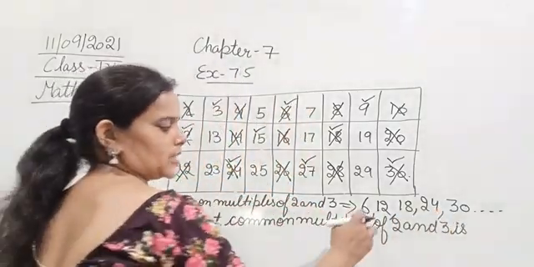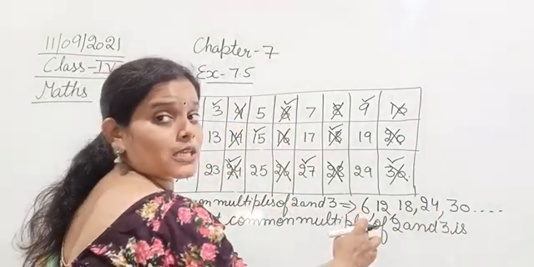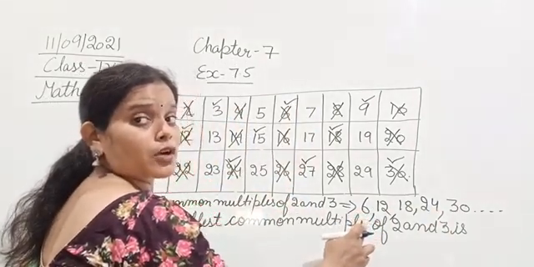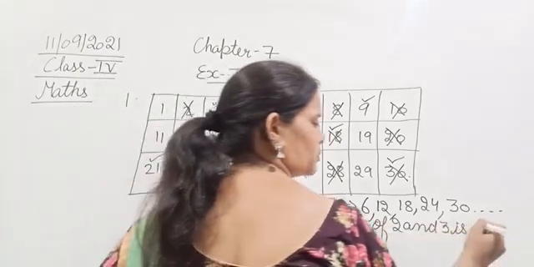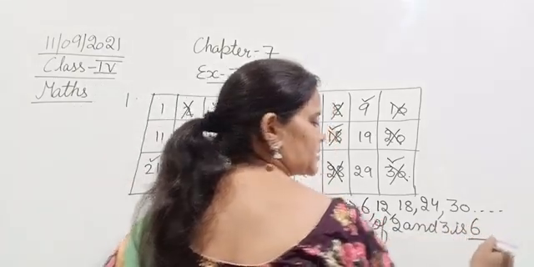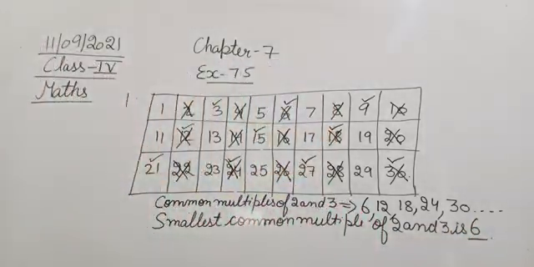That is 6. 6 is the smallest number here. So 6 is the smallest common multiple of 2 and 3. So you will write down 6.